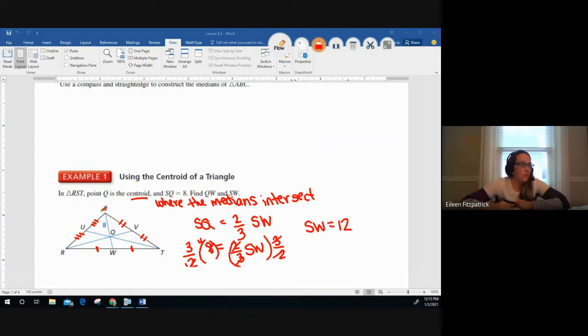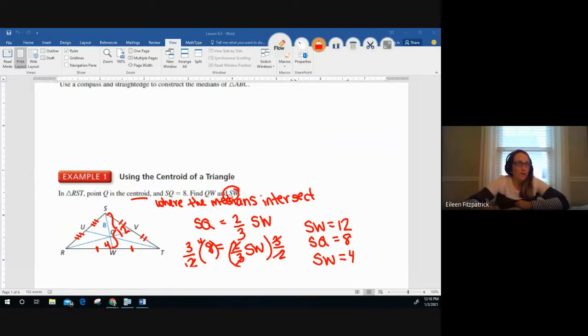All right, so the entire median is equal to 12. So if the entire median is equal to 12 and SQ is equal to 8, then what's the length of QW? Because that's also asked here as well. This piece here would have to be 4, because those have to add up to the entire thing.